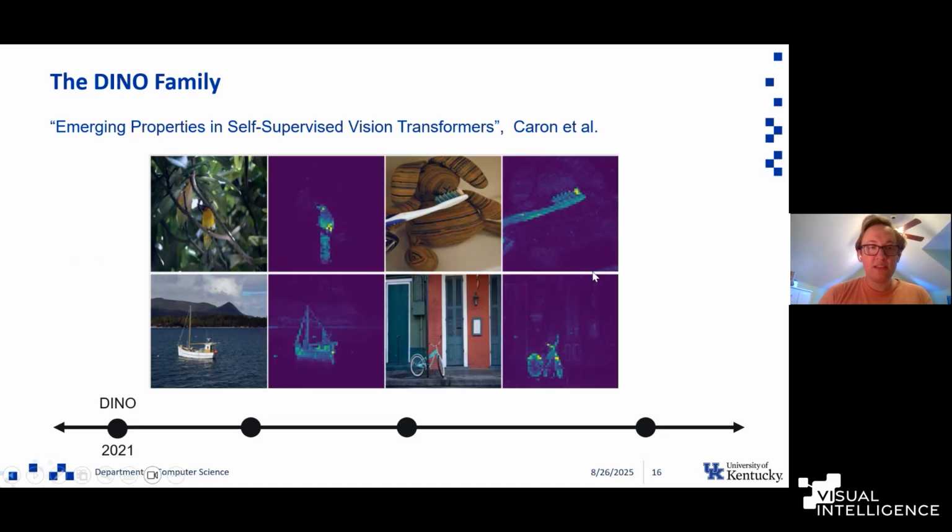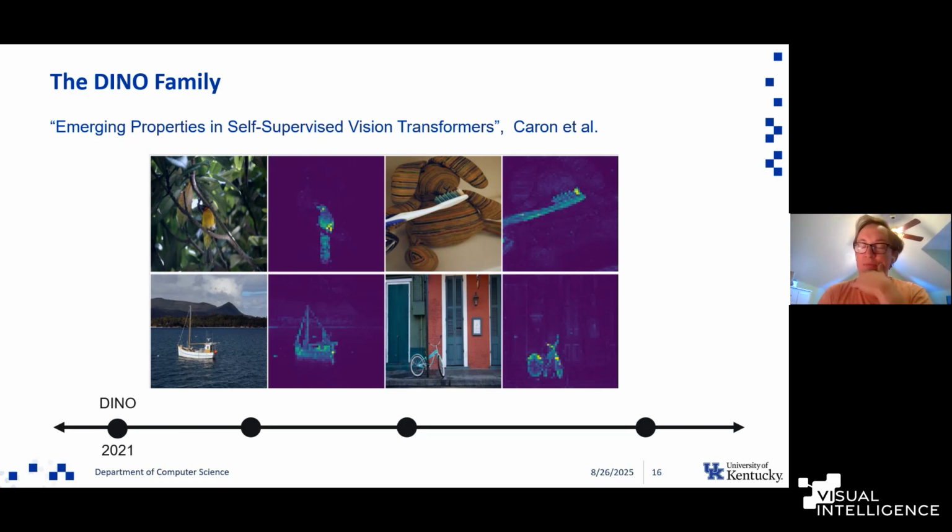But if you do it like this, something that's very cool is that if you look at the actual attention maps of the network, these are vision transformers trained with the attention mechanism, the network learns to identify entire objects. You can visualize what the network is paying attention to for a particular object, and nothing in the training loss was telling it to do this.